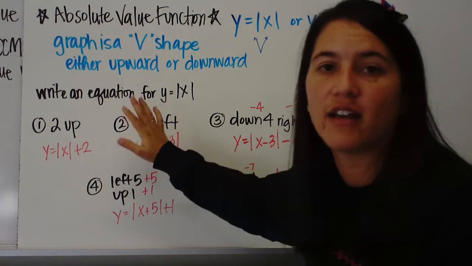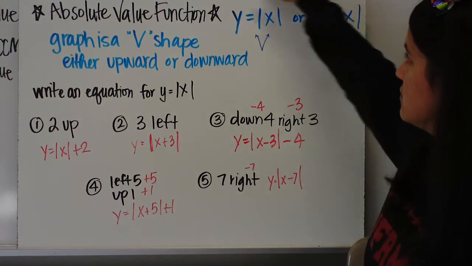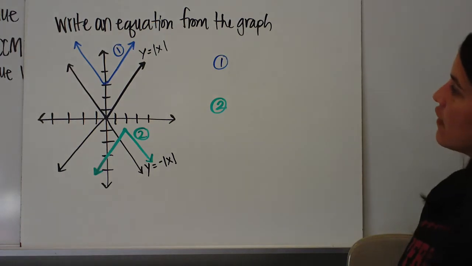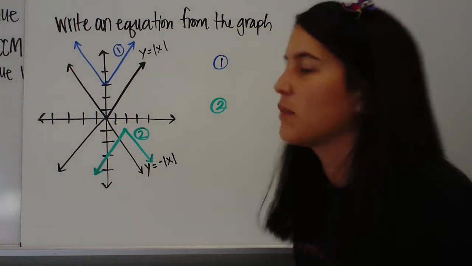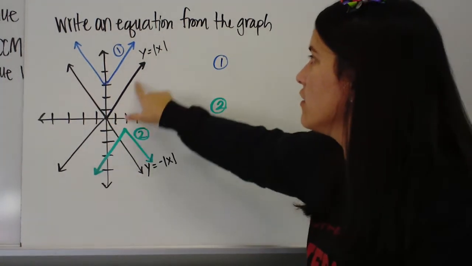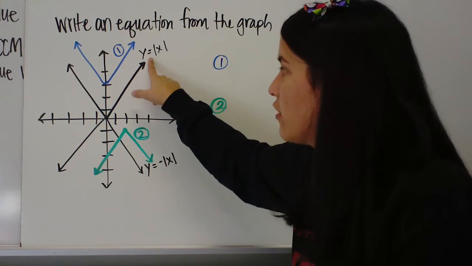Writing an absolute value equation based on the translation. For our last few examples, I'm going to show you how to write an equation from the graph. This one right here is y equals absolute value of x, the parent function.